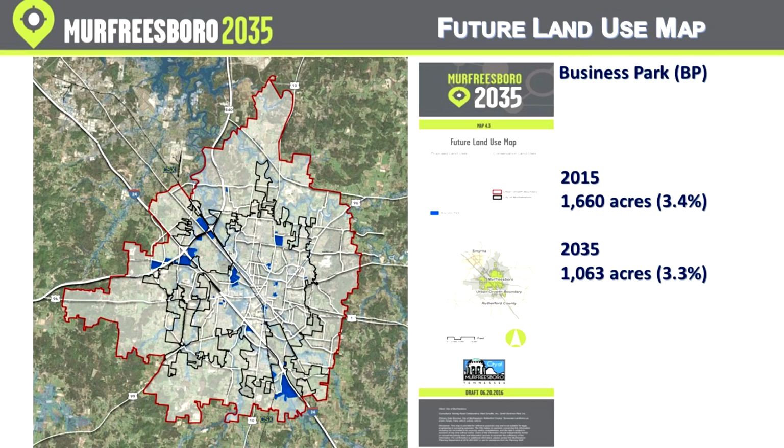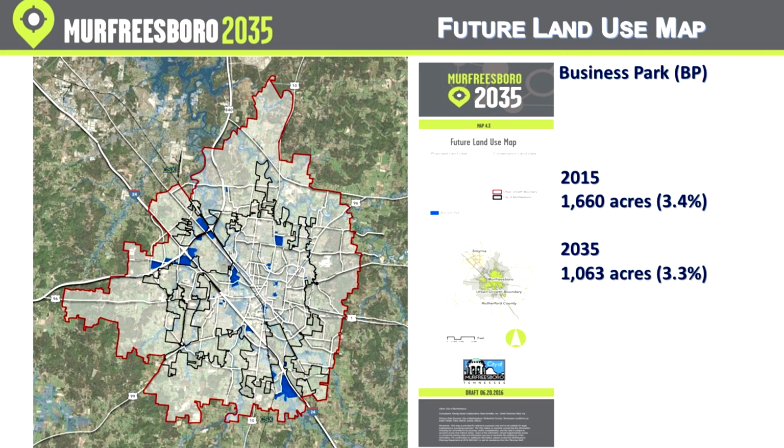But at the same time, we completely understand why the city would want to have a specific office or business park land use classification. So that's what you see here, and there's some down around Joe B. Jackson. Much of it is going to be along future portions of Veterans Parkway, and then up around the 840 intersection.